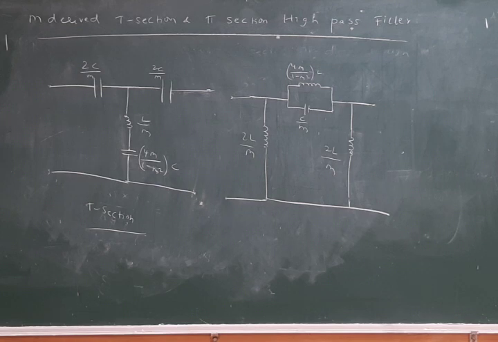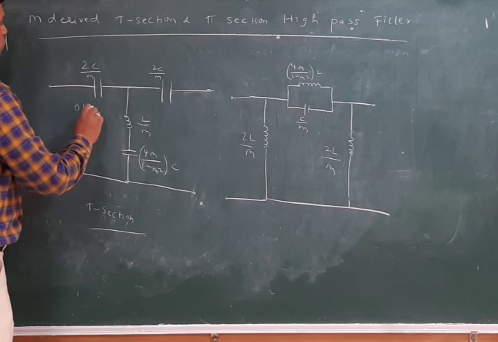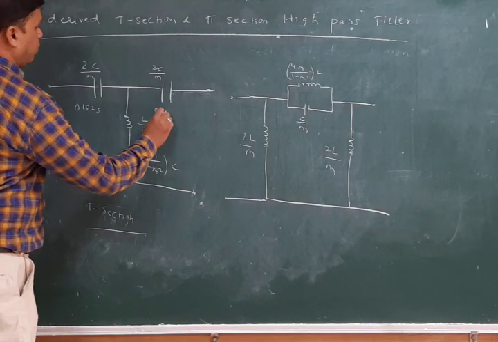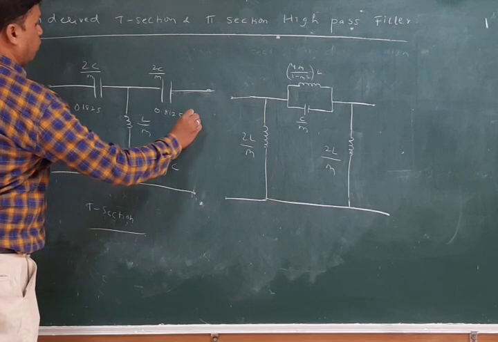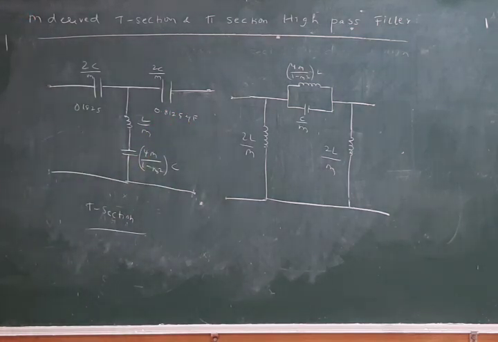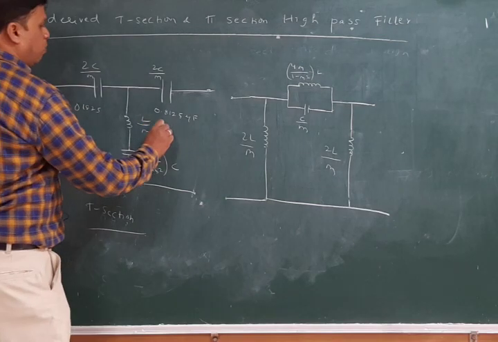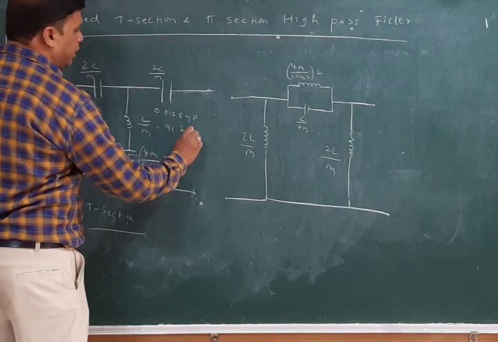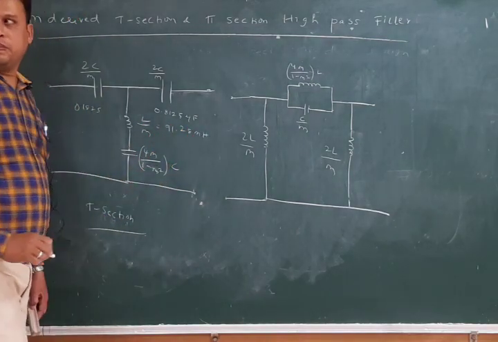So, we can write the values here. 2C by M is 0.1825 microfarad, and here also 0.1825 microfarad. And the L by M value, what is the L by M value? Given L by M value here is 91.28 millihenry. Okay.